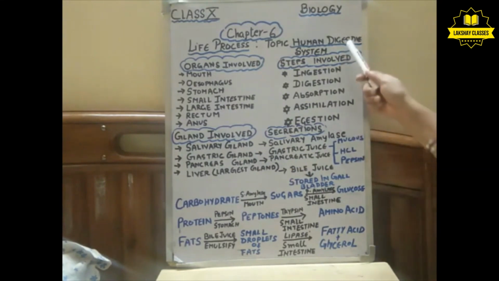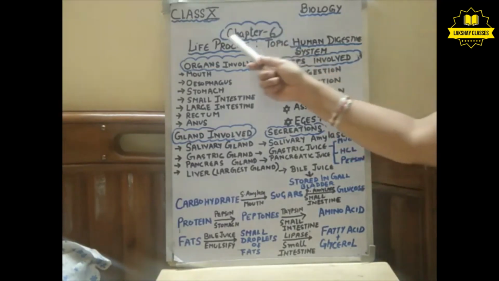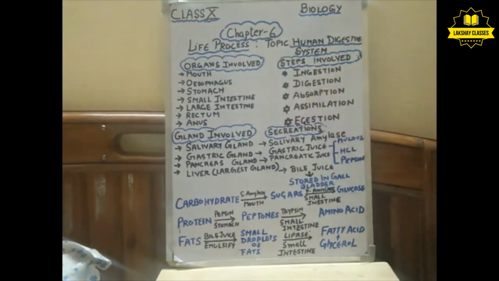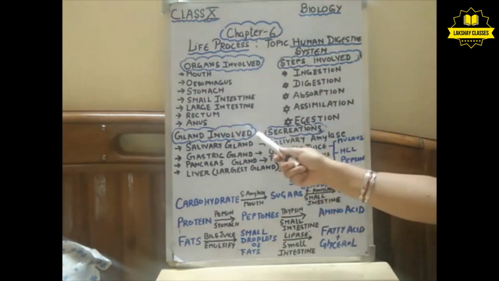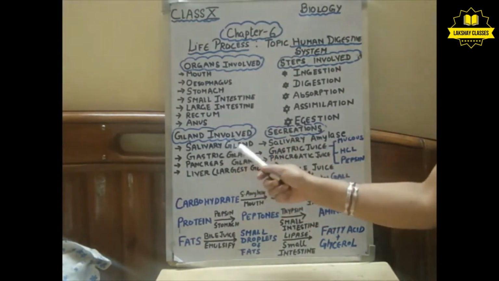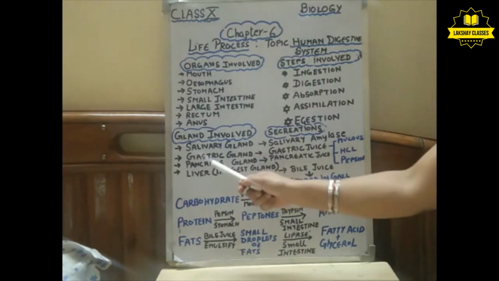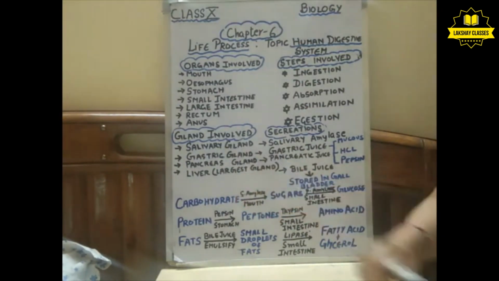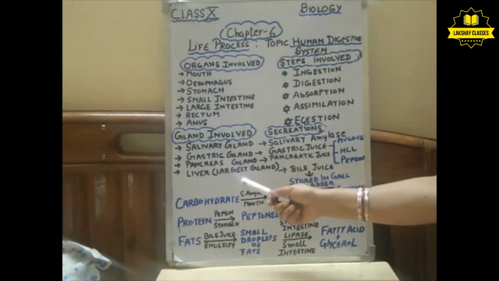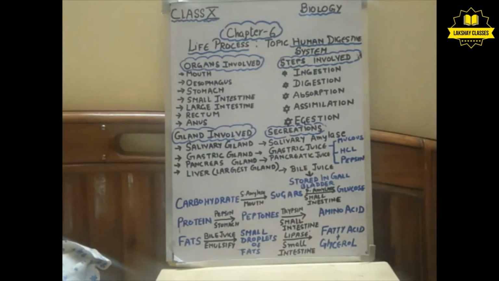The other name of human digestive system is alimentary canal. So these organs together form our digestive system. The glands involved in our digestive system are salivary gland, gastric gland, pancreas and liver. Liver is the largest gland of our body.